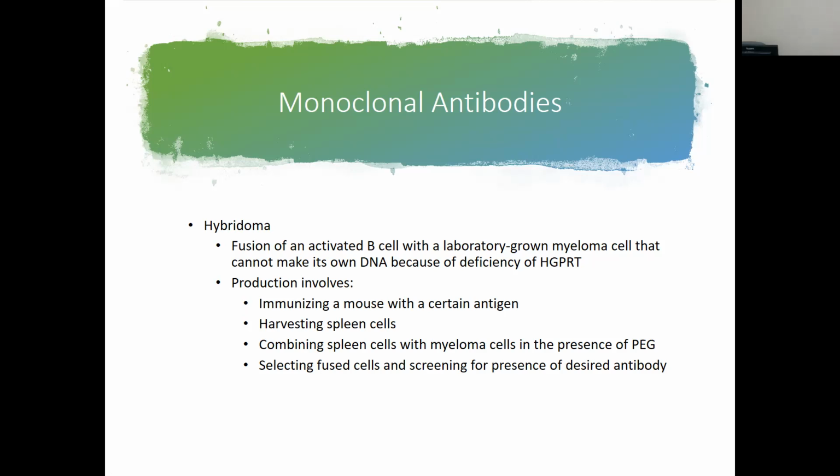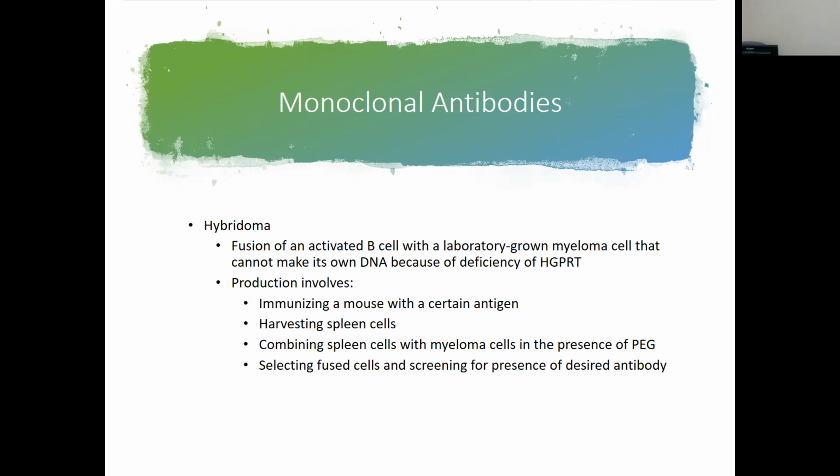We combine the spleen cells with the myeloma cells in the presence of PEG. You might know what PEG is. Polyethylene glycol. It's one of those words you're going to hear over and over. And then we select the fused cells and screen for the presence of the desired antibody.